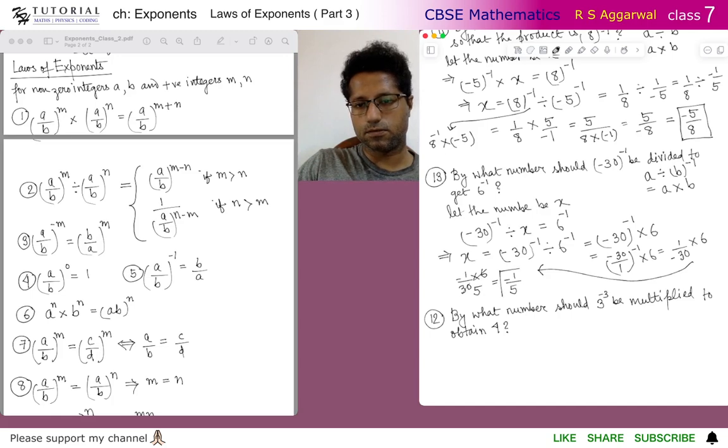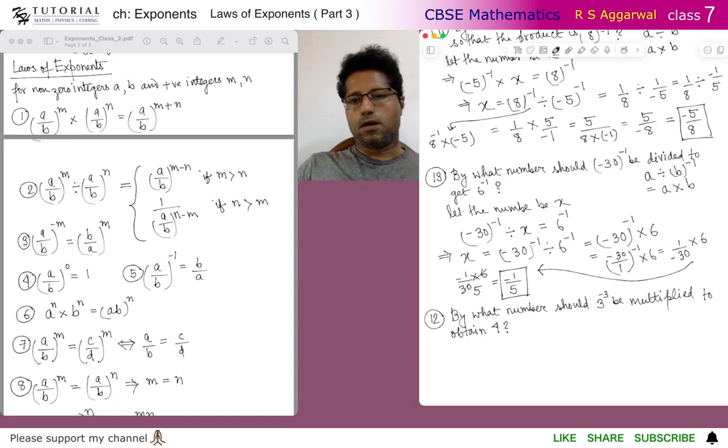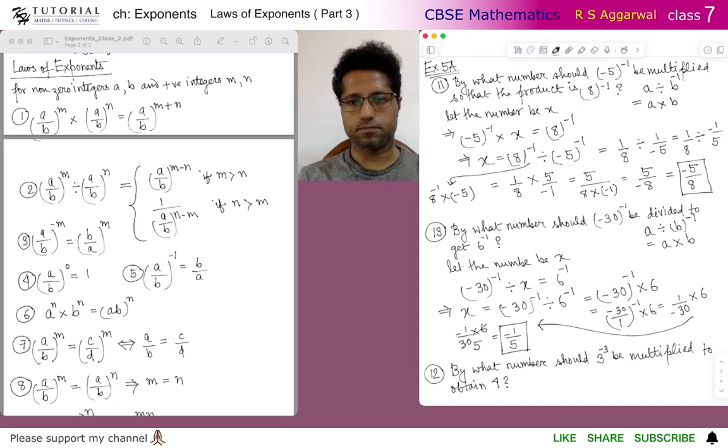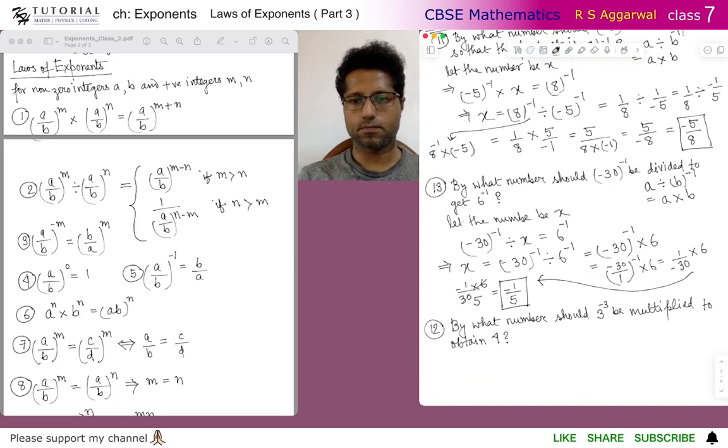This is x. We have found x, the number that should be dividing the number minus 30 to the power minus 1 to give 6 to the power minus 1. While I am solving, you can pause the video and take a screenshot for your reference.